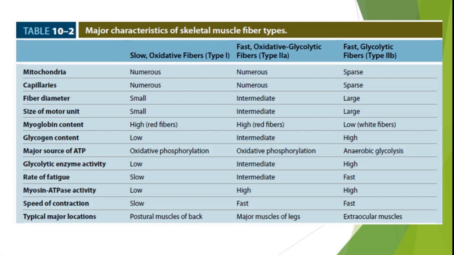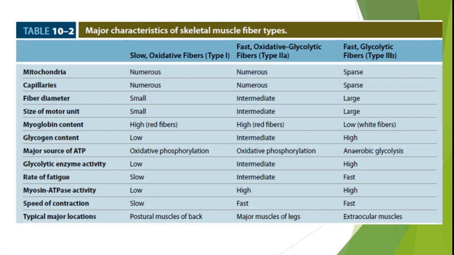So ulitin ko, para natin ma-differentiate yung type of skeletal muscle fibers, you need to consider the maximal rate of contraction. Is it fast or is it slow? And the major pathway of ATP synthesis. For ATP synthesis, meron tayong dalawa, no?